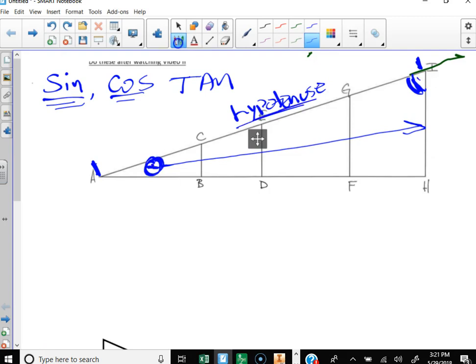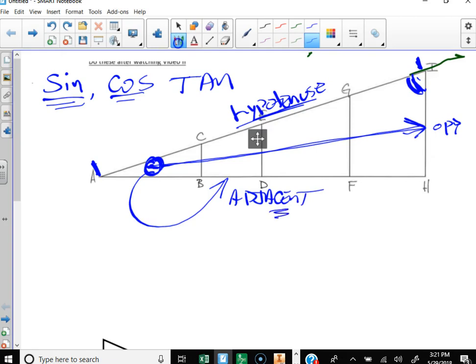But based on where you're standing, you will have an opposite side, and you will have, and this is always the third one I identify because it's the trickiest, an adjacent side. I think that's right. I'm not a great speller. You'll discover that as things go on. So we have hypotenuse, opposite, and adjacent.